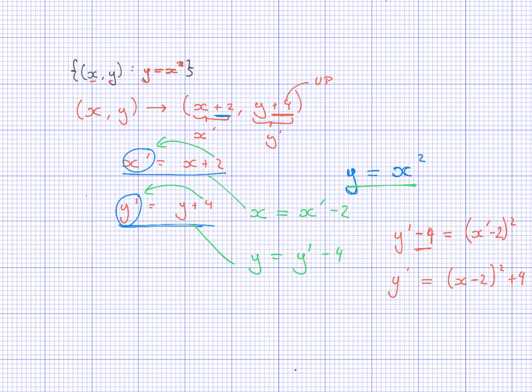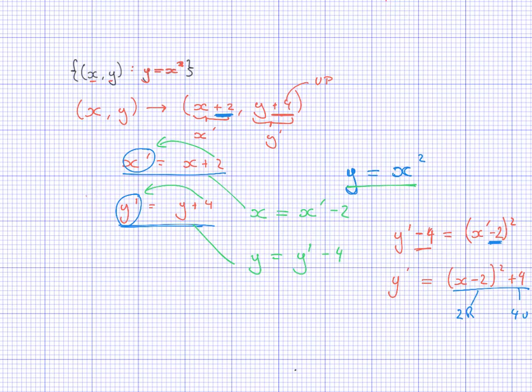Interestingly, another thing that pops out is this negative 2, which is the opposite of the transformation we were told happened, which at the start was 2 units to the right. When it gets rearranged, it automatically becomes the opposite of what it was, which is interestingly how we read these transformations. So if you were to see this now, you would already know that that meant 2 units right, and that meant 4 units up.